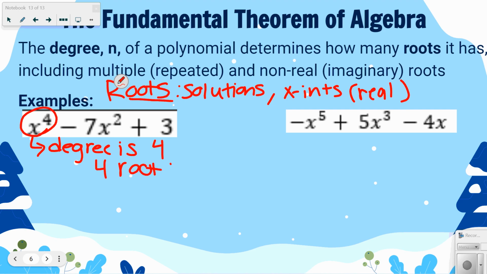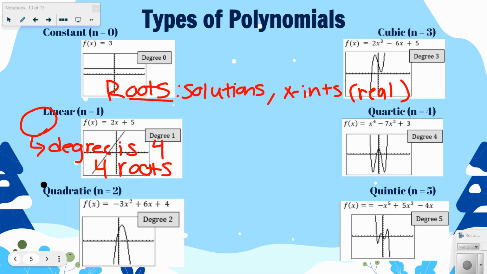So let's talk about the possibilities we can have from here. I have 4 roots, meaning I could have 4 real roots, right? That would mean my graph would cross the x-axis how many times? 4. So let's look back at this picture here with my quartic.